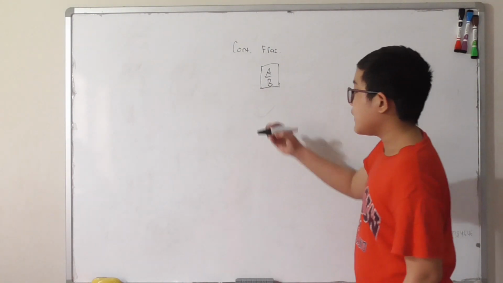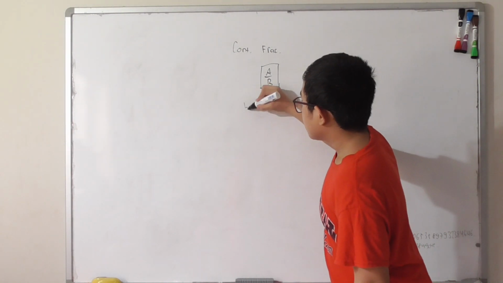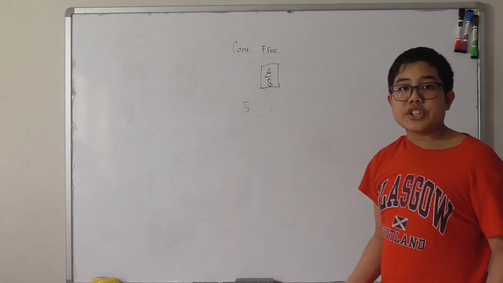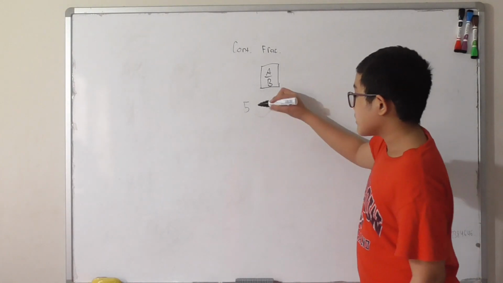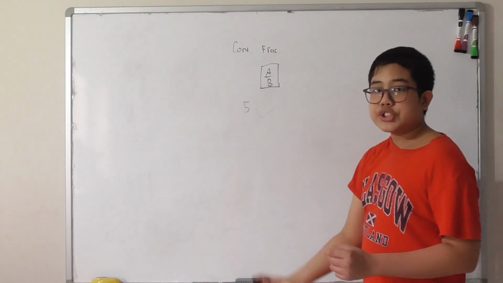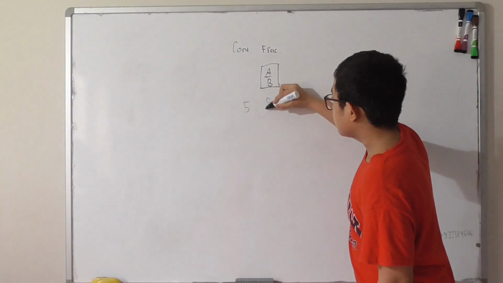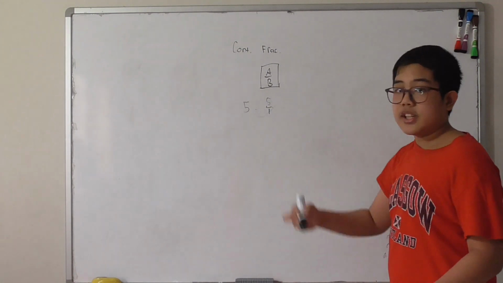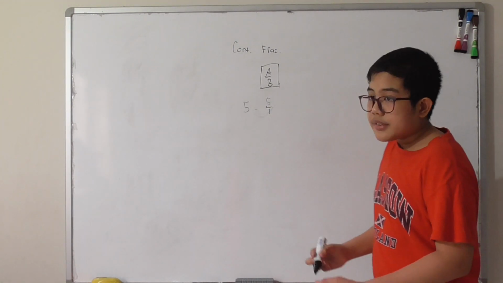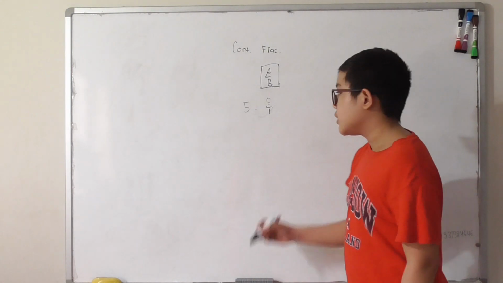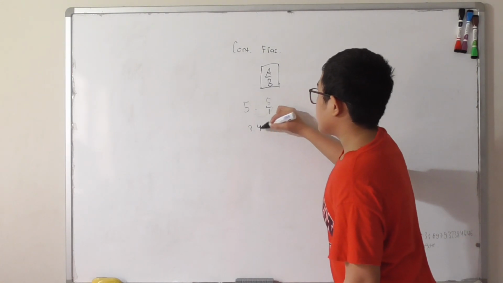For example, 5. That's a rational number, because this can be expressed by a ratio of two numbers, which is a over b, in which a is 5 and b is 1. And this is true. 5 is 5/1. And let's take a look at another rational number. 3.4.